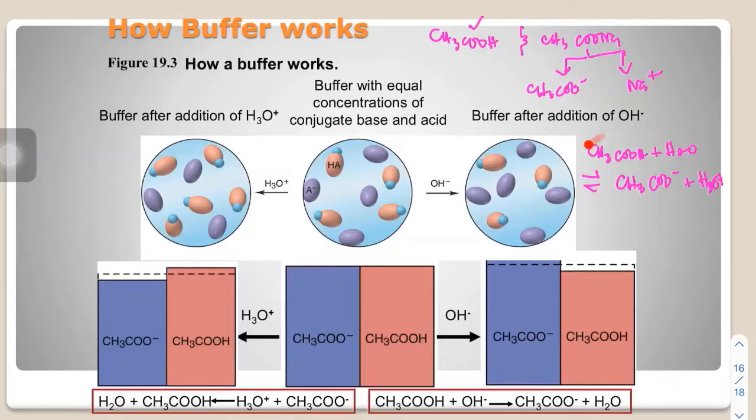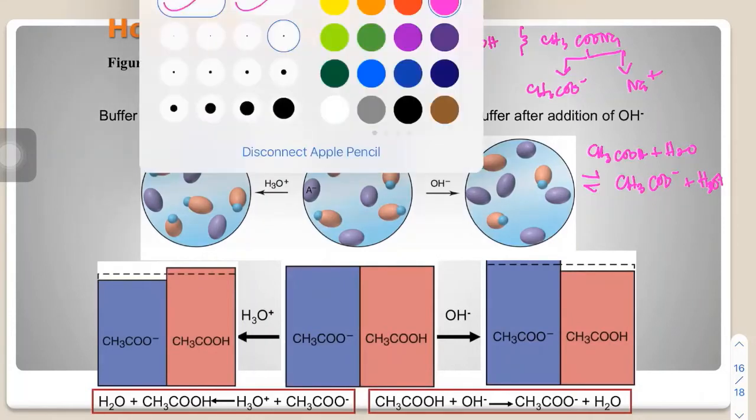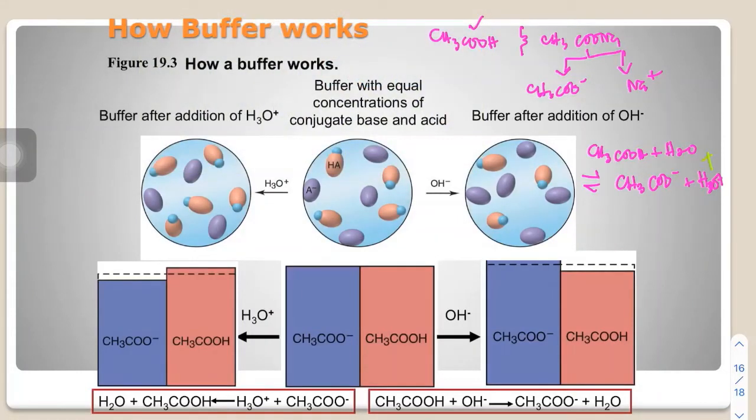If we refer back to this equation, when H3O plus is added, it means H3O plus is added at this side, so acetate ion will decrease as it reacts with the addition of H3O plus, and the reaction will shift to the side producing CH3COOH and H2O.